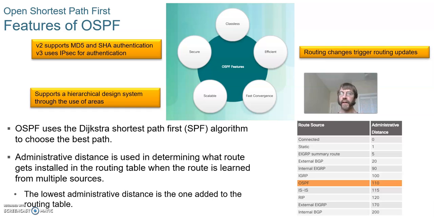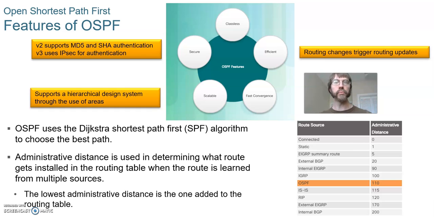IPsec was one of them. IPv5 never happened. IPv6 did happen, and things like QoS and IPsec, which were designed as a retrofit to IPv4, were built into IPv6. That's why I think OSPFv3 for IPv6 uses IPsec, because it's already got IPsec.